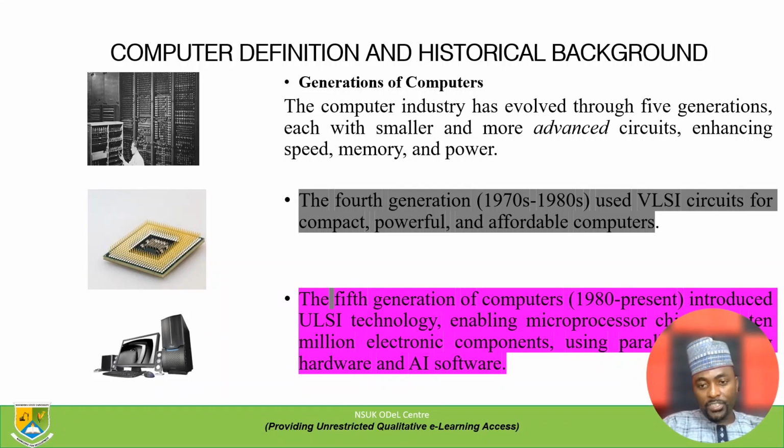And then the fifth generation, that we have around 1980 to present, we saw the introduction of ultra large scale integration and the enabling microprocessors on chip, having transistors in their millions, and also using parallel computing, and they are also powered by AI applications.